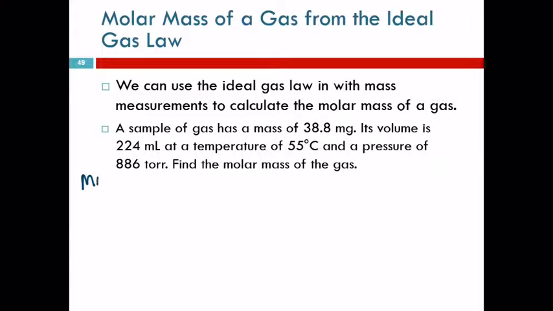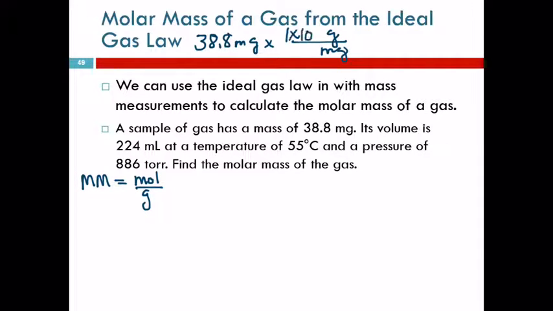So molar mass equals grams divided by moles. Do we know the mass of this sample? Yes, we do. Here we have it in milligrams. Well, could we convert that to grams? 38.8 milligrams. Milligrams on the bottom, grams on top.